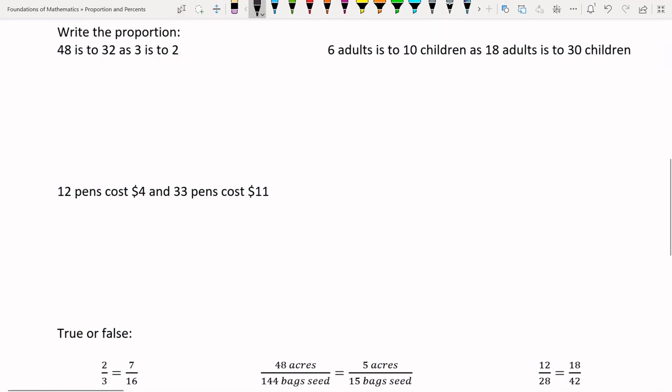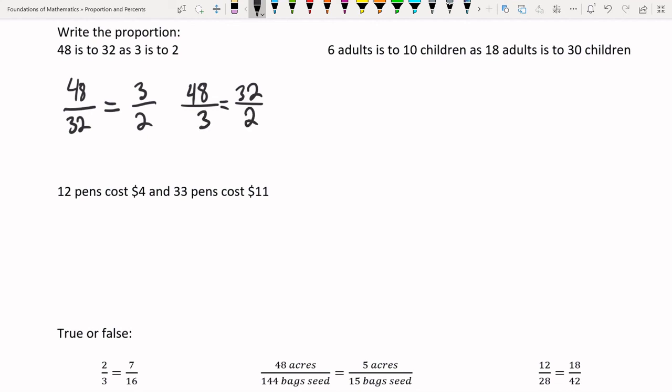We write it like for this one, 48 is to 32 as 3 is to 2. Now there is technically another way of writing this. We could say 48 is to 32 as 3 is to 2.